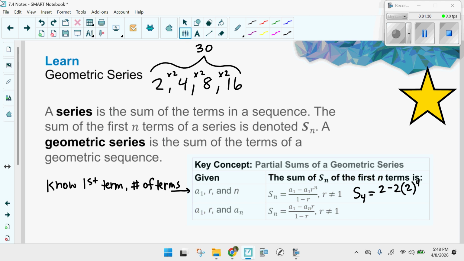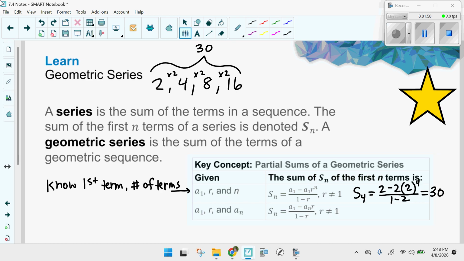I don't have the ability to put that into my calculator at the moment. But if I take 2 minus 2 times 2 to the 4th power and divide that by 1 minus 2, I will get that exact same sum of 30.